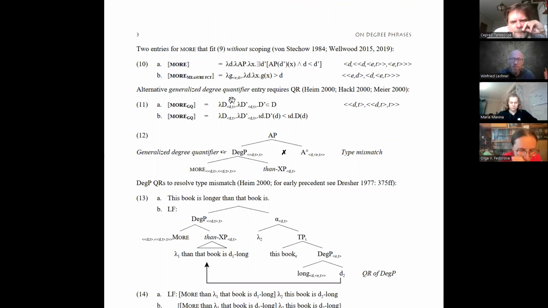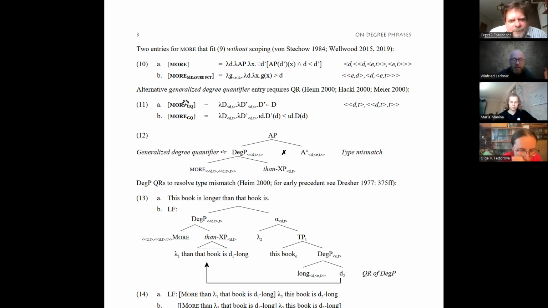One option that has become prominent over the last 20 years is one which tries to make comparatives look more similar to other kinds of quantifiers. On that view, that's usually called the degree quantifier hypothesis.